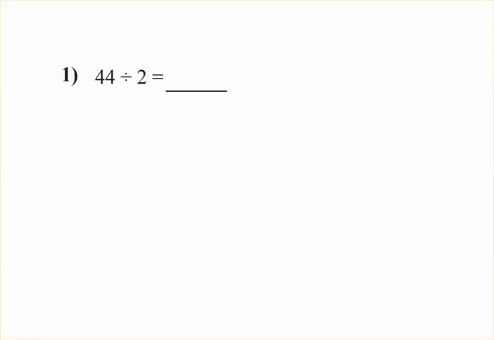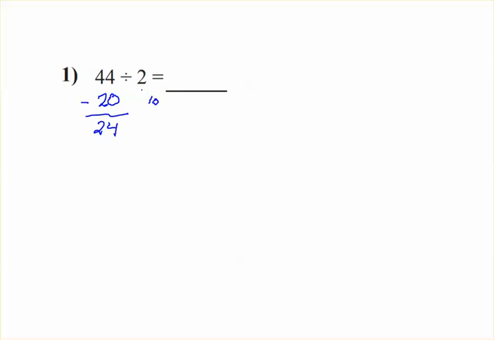Okay, and we could say, well, 44, and we could take out 10 2's at once. So we could go something like 44 minus 20. Okay, that would leave us with 24. Okay, and that would be 10 2's that we used right there. 10 2's is 20.